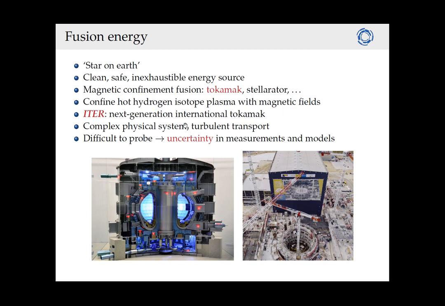Now, it's a very hostile environment to do measurements because it's of course a very hot plasma, difficult to probe, and hence there are a lot of uncertainties in the measurements.